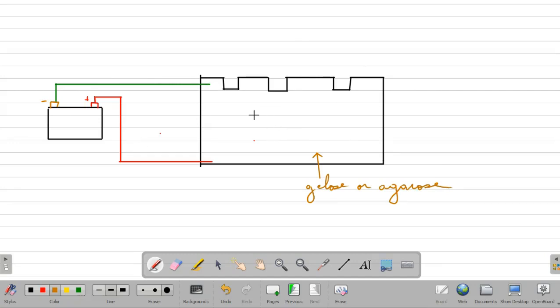It contains, this container is filled with gellose or agarose. I mean by this a semi-fluid, semi-solid, not liquid and not solid substance, like ordinary jello.